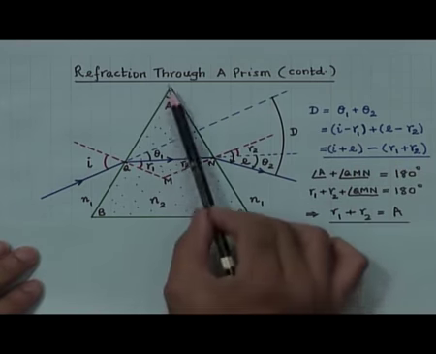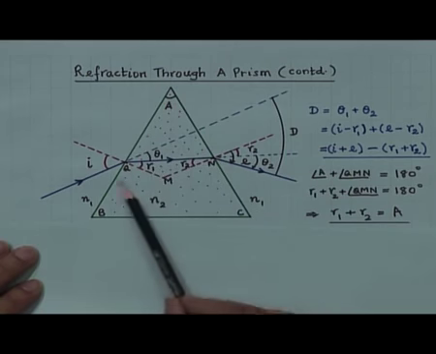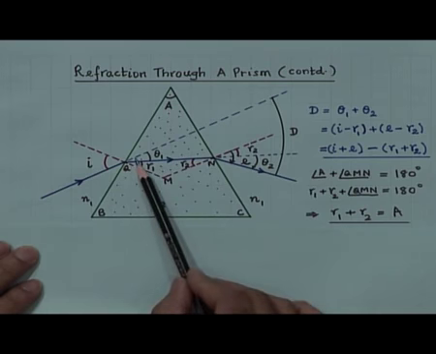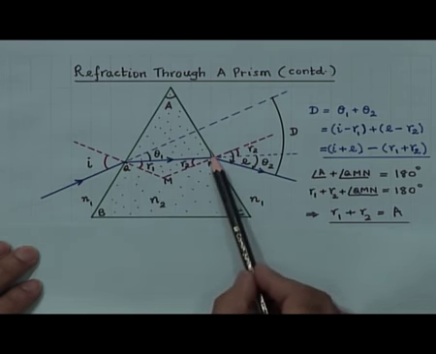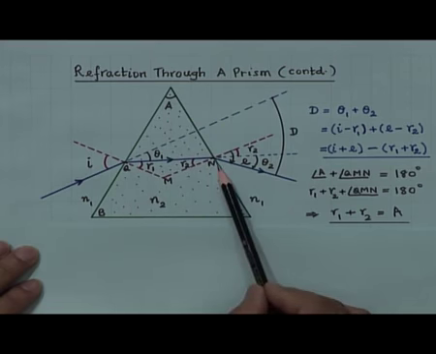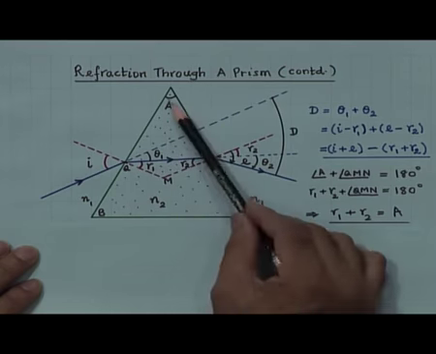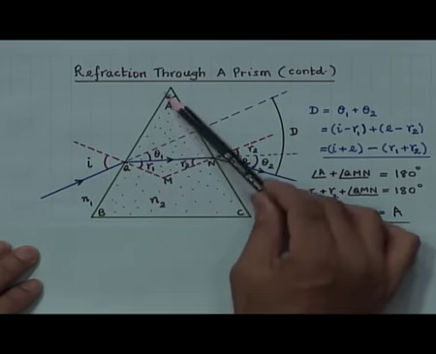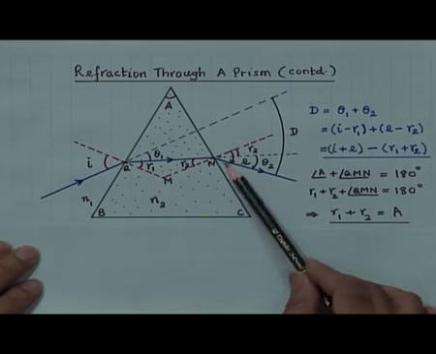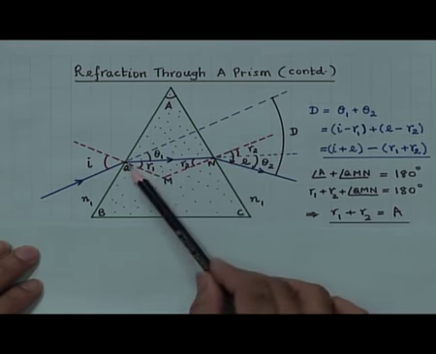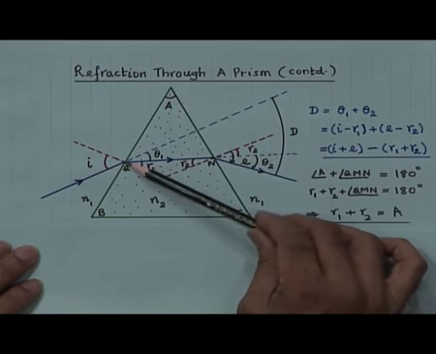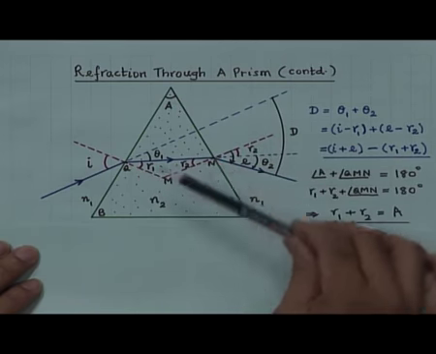But if we look at this quadrilateral here, then we can see that this angle is 90 degree, this angle is 90 degree. I am looking at AQMN. Note that this is the normal, and therefore, angle AQM is 90 degree, angle ANM is 90 degree. So, the sum is 180 degree. That means, angle A plus angle QMN must be 180 degree.